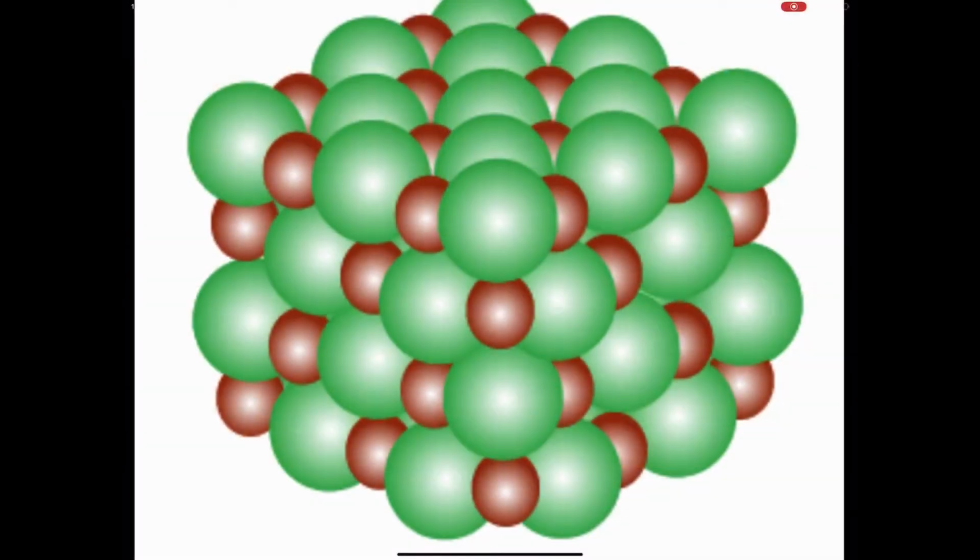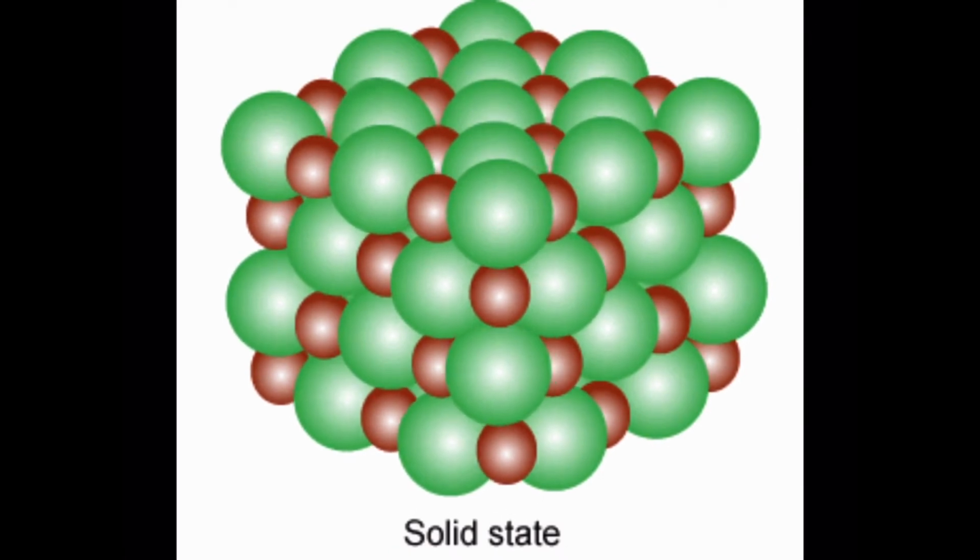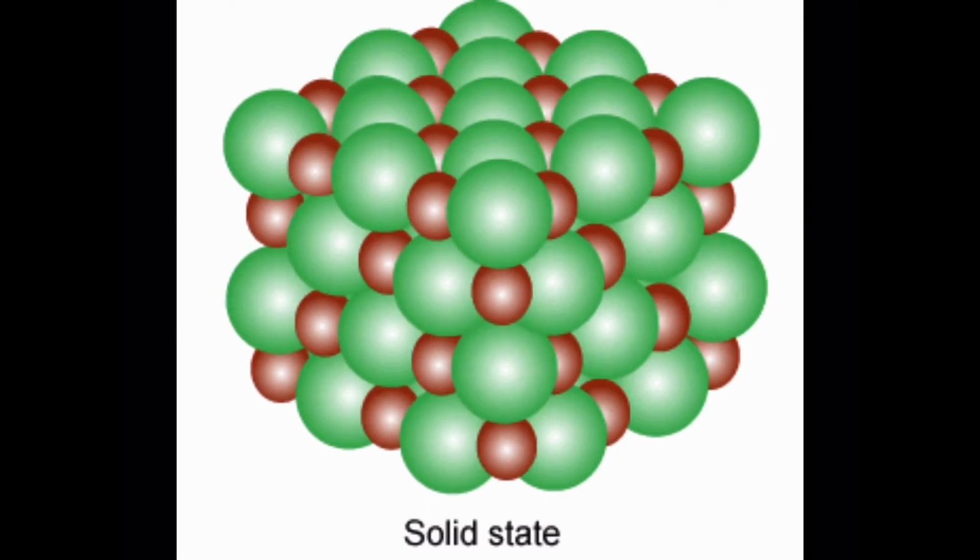So here you can see solid sodium chloride. Now, what I want you to do is to pause the video here. After studying this diagram, tell me how this ionic compound is going to conduct electricity. So just think about it.